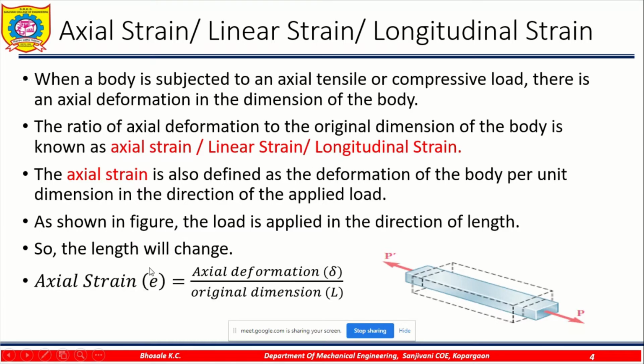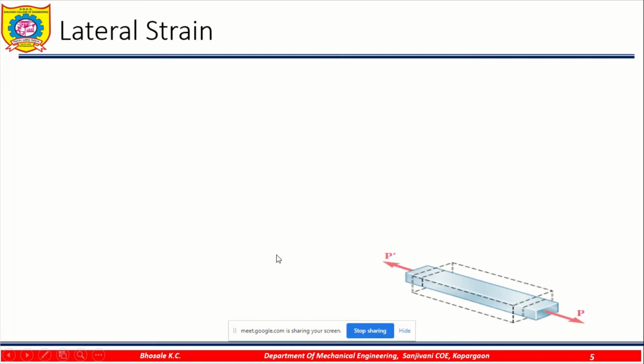All the three terms are same: axial strain or linear strain or the longitudinal strain. This is the one term we have learned today, that is axial strain will be equal to axial deformation upon the original dimension. So any problem in that one? Axial strain.